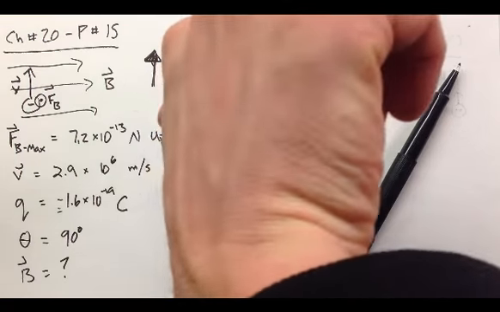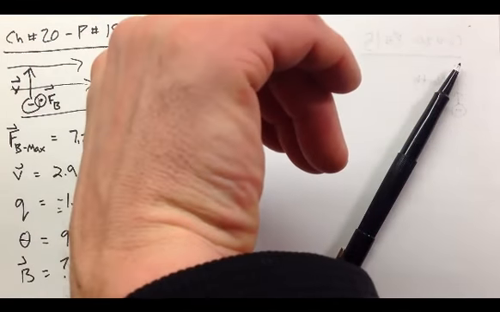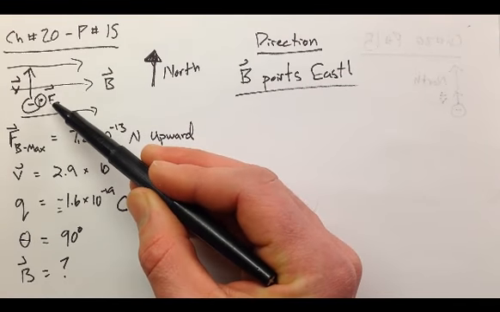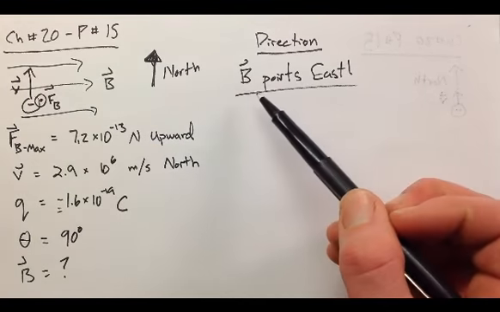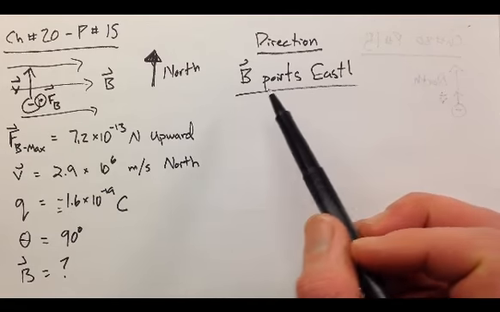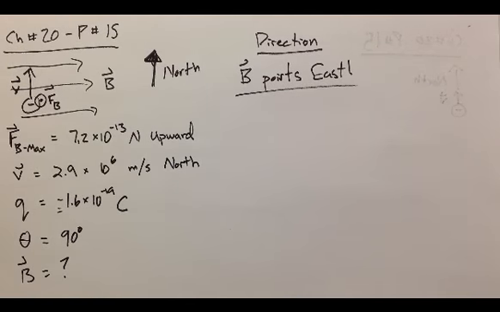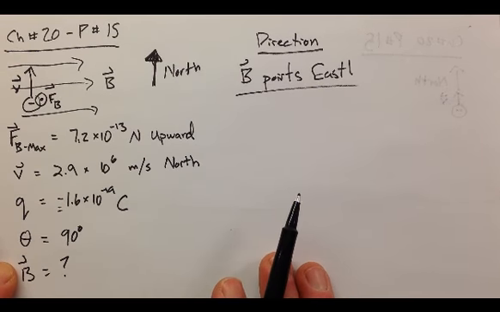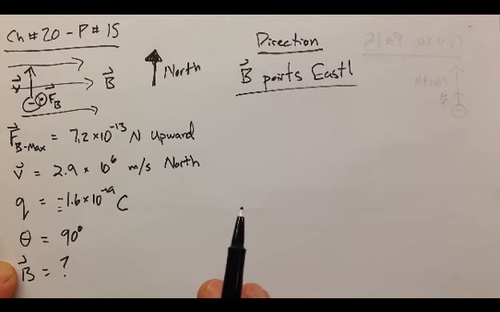The force would be down into the page, but since it's an electron, I have to flip it. The opposite of down into the page is up out of the page, so indeed the direction of the magnetic field is east. That was a lot of work. Practice that right-hand rule on lots of conceptual problems. There are always lots of those on the AP test.